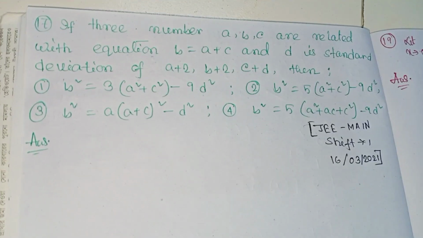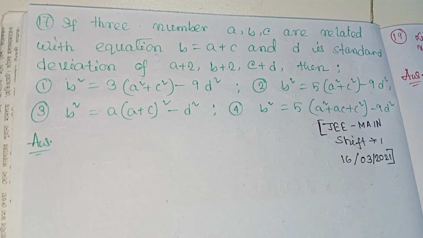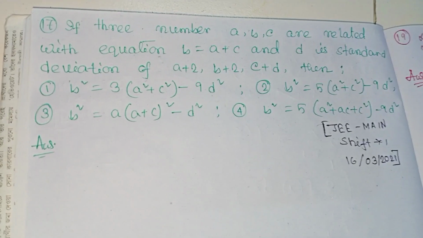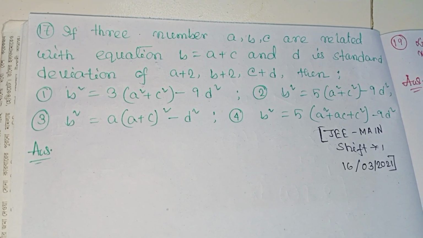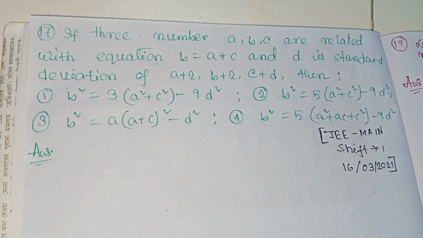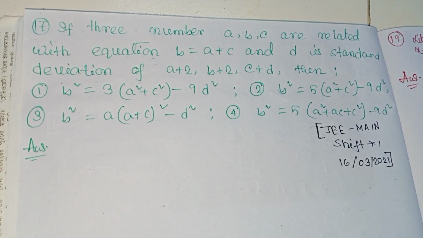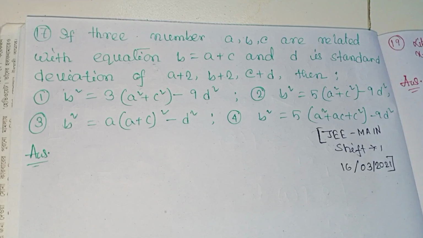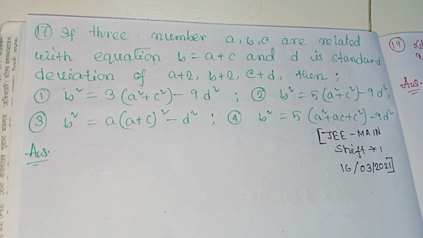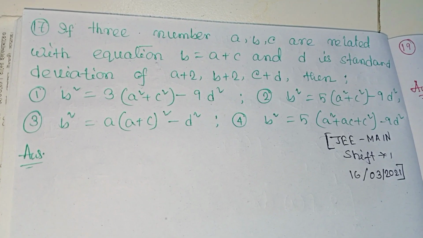Question number 17. If three numbers a, b, c are related by the equation b = a + c, and d is the standard deviation of a + b, b + 2, a + 2, b + 2, c + d, then four options are given.